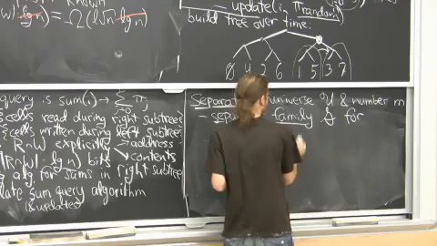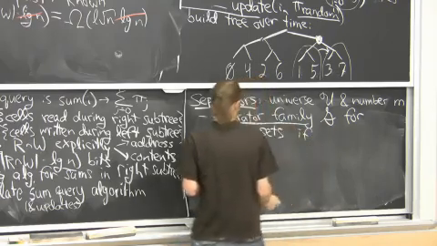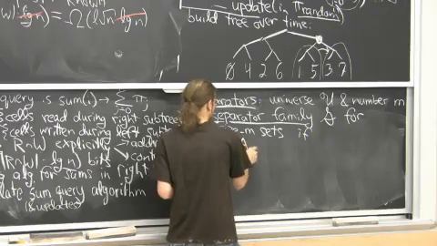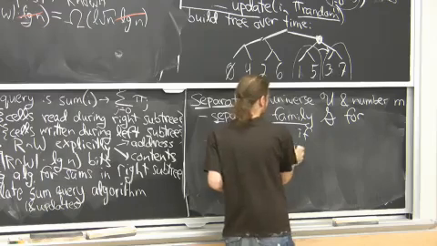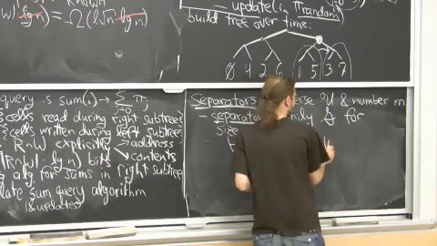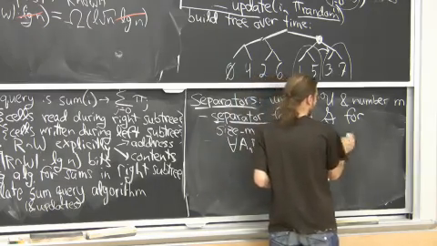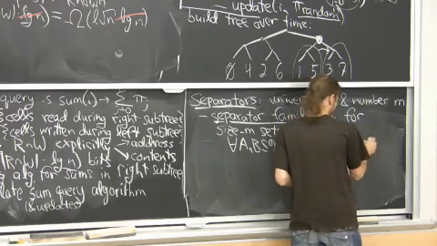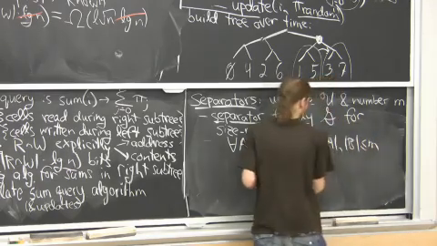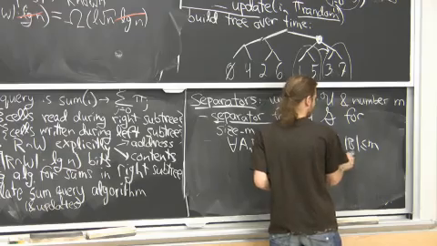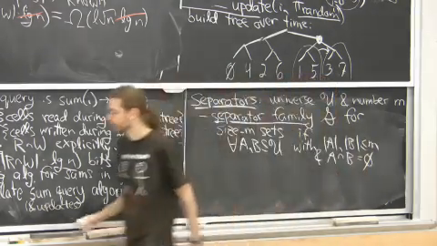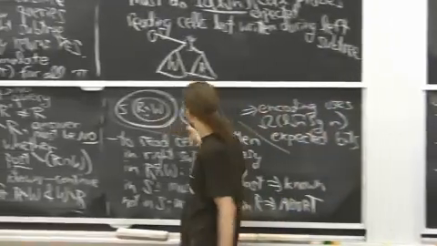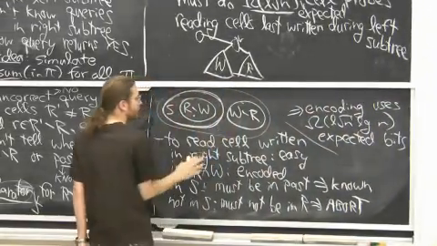And so S is a separator family if for any two sets A and B in the universe of size at most m, and disjoint, so A intersect B is the empty set. Of course what we're thinking about here is R minus W and W minus R. These are two subsets of the universe.